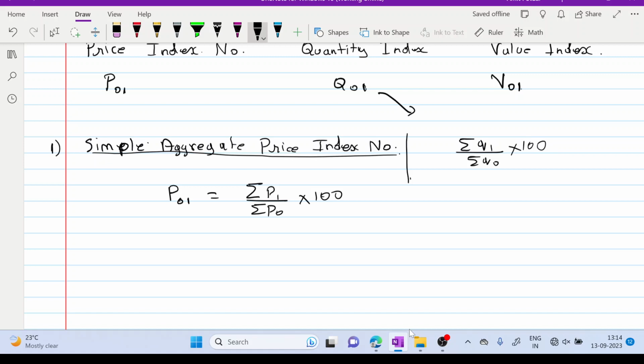Then the next is value. The value of any good is found out as, how do you come to know the value of something? Only cost price से नहीं होगा. Selling price, production, that is the quantity. So you require price and you require quantity. उनको multiply किया तो क्या आ जाएगा?